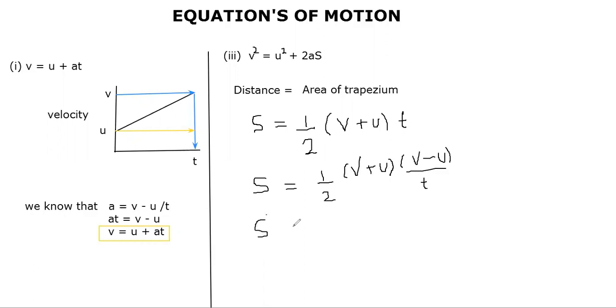So you can write s is equal to v square minus u square, and in the denominator it becomes 2 multiplied by a.